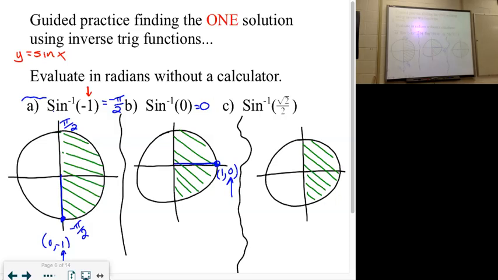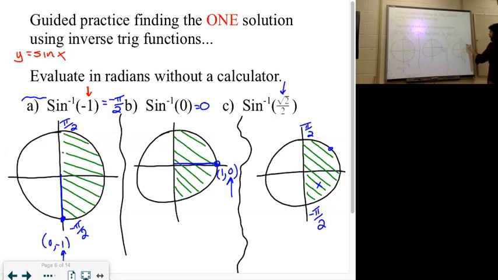Inverse sine of √2/2. √2/2 should indicate a 45-degree angle or a π/4 multiple. Again, now I'm looking at, in this interval from -π/2 radians to π/2 radians, where my y coordinate is equal to √2/2. It's definitely not down here in this quadrant.